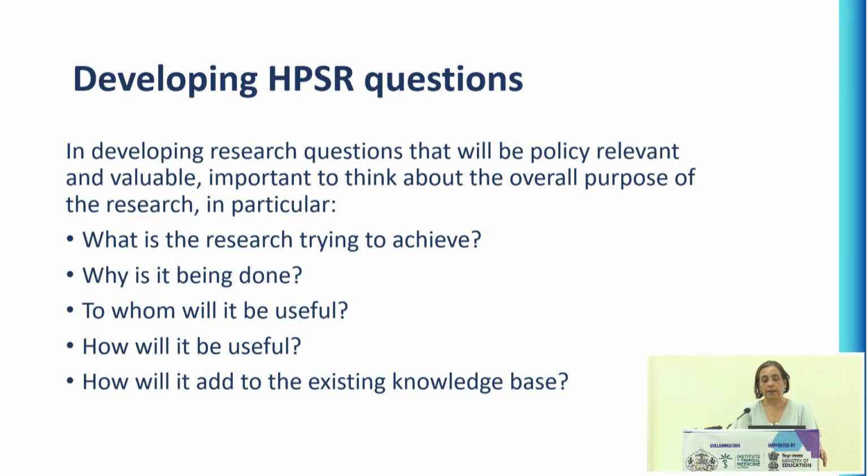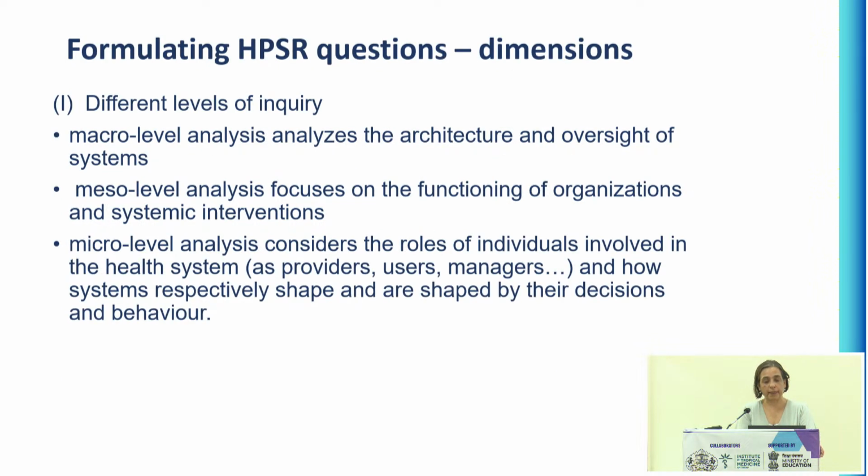Yeah? And so it's important to think about the overall purpose of the research. What is the research trying to achieve? Why is it being done? Who is it going to be useful for? How will it be useful? And how are you adding to the existing knowledge base? Yeah? So this is about purpose and relevance.